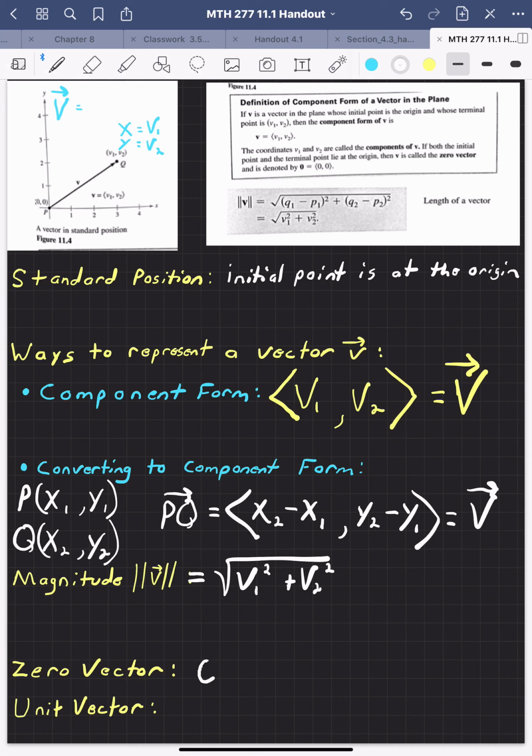The way I will normally write the 0 vector is 0 with an arrow over the top of it, so you know I'm discussing the 0 vector. The 0 vector just means that the initial point and the terminal point reside at the same location. Now, a unit vector simply has a magnitude of 1.